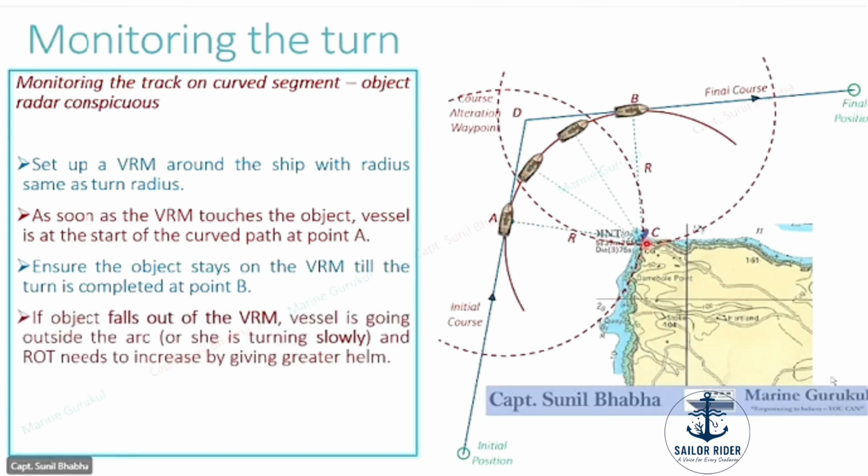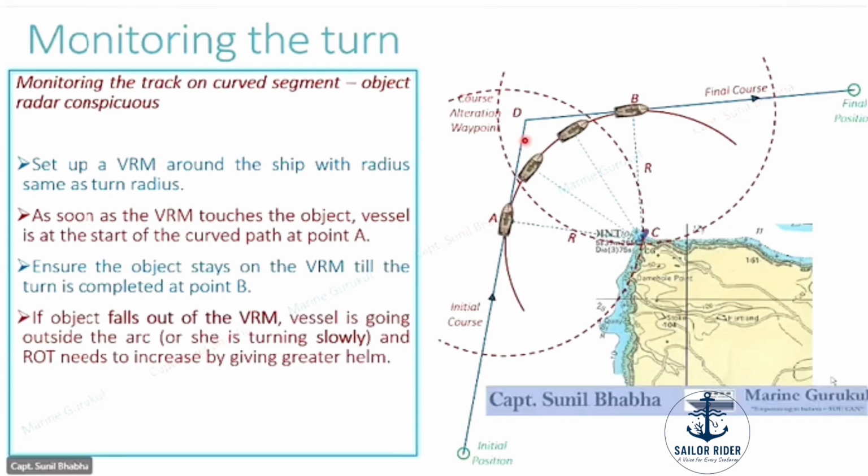Now, at any point of time during the alteration moving from Alpha to Bravo, when the vessel is moving on the curved path, if you observe that the lighthouse has gone outside the VRM, the object has fallen out of the VRM, this indicates that the vessel is going outside the turning circle arc or she is turning slowly.